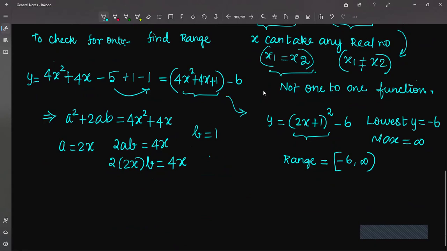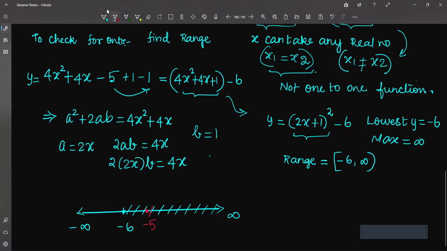So we are going to now check for codomain and range. I'm going to use the number line method for this. In the number line, we have minus infinity and plus infinity, and the range starts from -6 onwards. The codomain starts from -5 onwards.